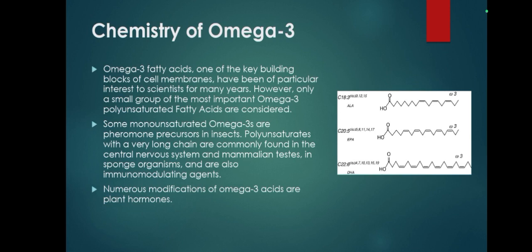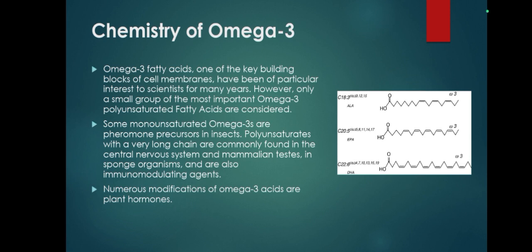Polyunsaturates with a very long chain are commonly found in the central nervous system and mammalian testes, in sponge organisms, and are also immunomodulating agents. Numerous modifications of omega-3 acids are plant hormones.